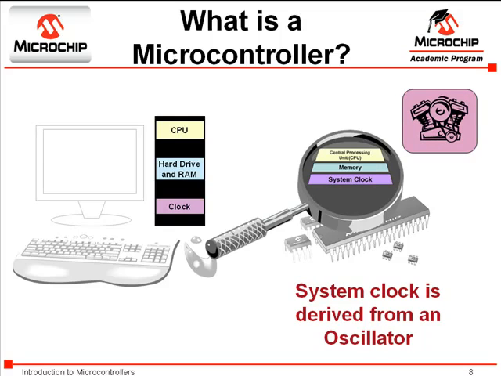An essential component to any computer system is its clock. This controls the speed at which your CPU thinks or processes information, prints things onto your screen, or downloads music or video from the internet. A microcontroller similarly has a system clock based off an oscillator. This oscillator can be thought of as the computer's engine.